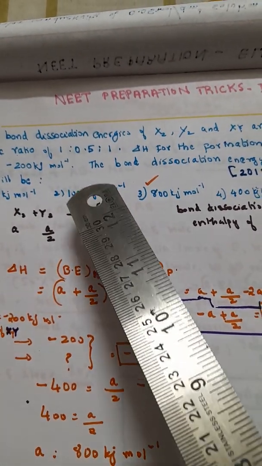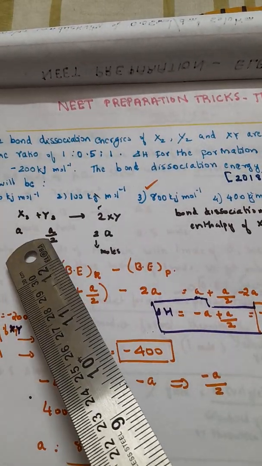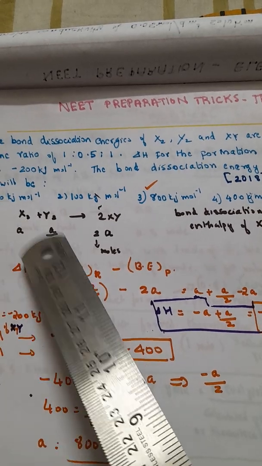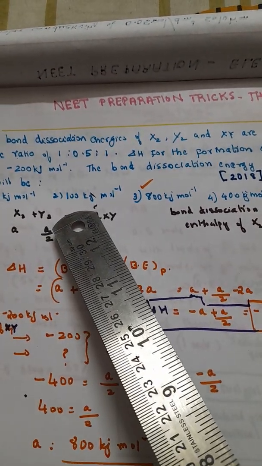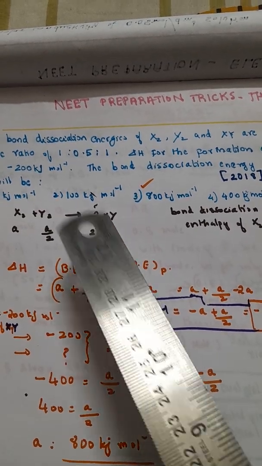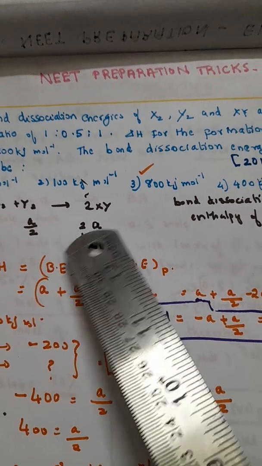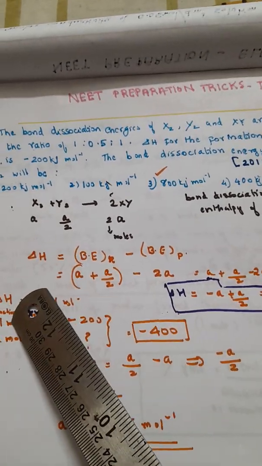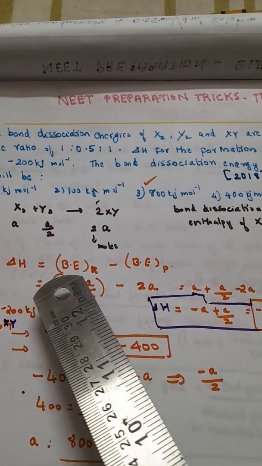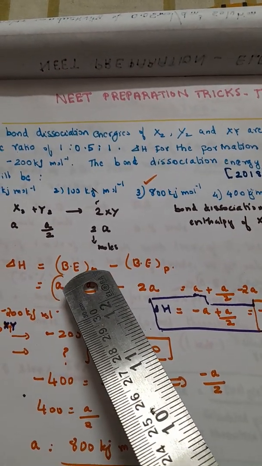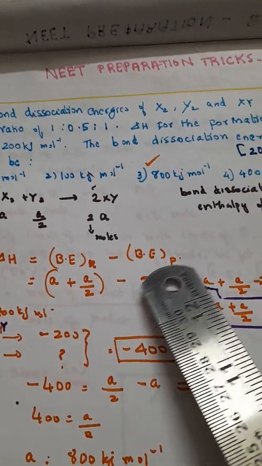Understood why it is like that? See here 1:1/2, so the same here 1, here half of that, A by 2. If it was only XY, we could have taken it as A, but since it is 2XY, we should take it as 2A moles. Now you know there is an equation to find delta H, which is equal to bond dissociation enthalpy of reactants minus bond dissociation enthalpy of products.